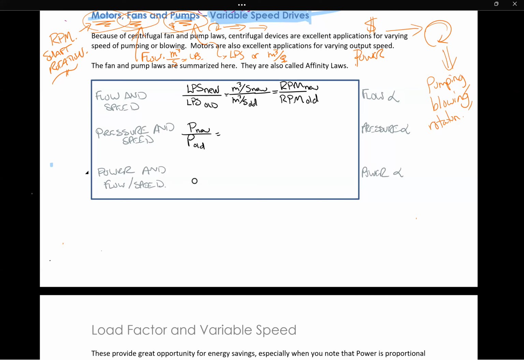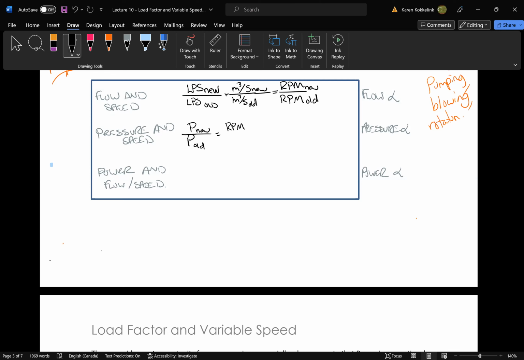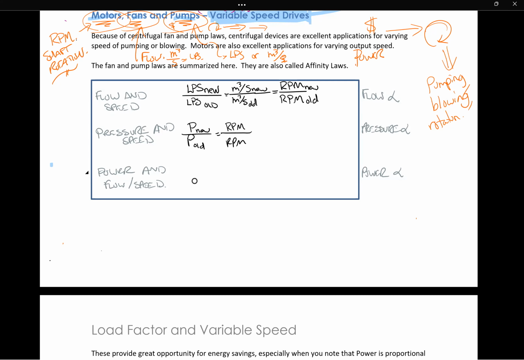If we were to derive this from first principles and look at the effect of pressure on the change in rotation of one of these devices, such as a pump, then the speed ratio, RPM new versus old, is actually a square relation to the amount of pressure that you're going to get out.